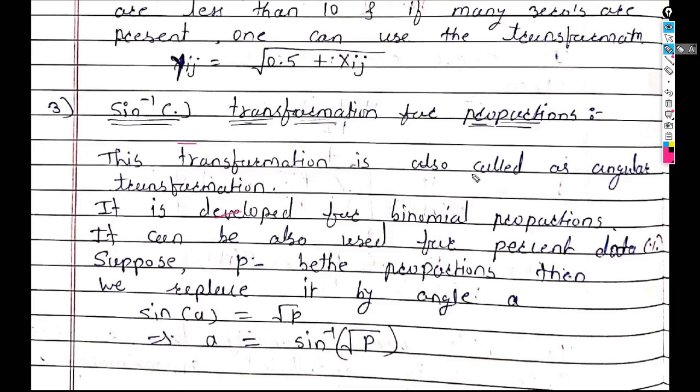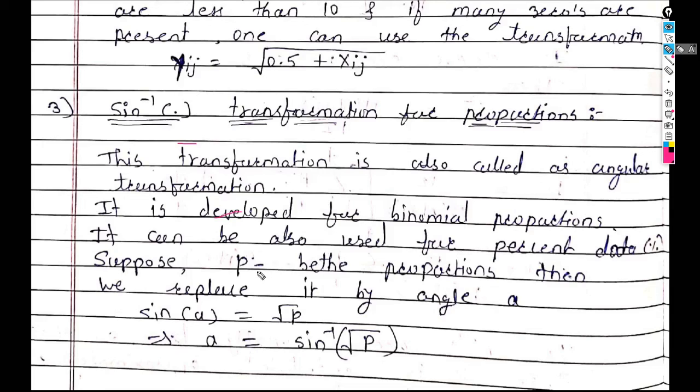This transformation is also called the angular transformation, and it was developed for binomial proportions. So when our data follows a binomial distribution and is not normally distributed, to make that data normal we use the sine inverse transformation. It can also be used for percent data, so if our data is in the format of percentages, we can use this type of transformation.